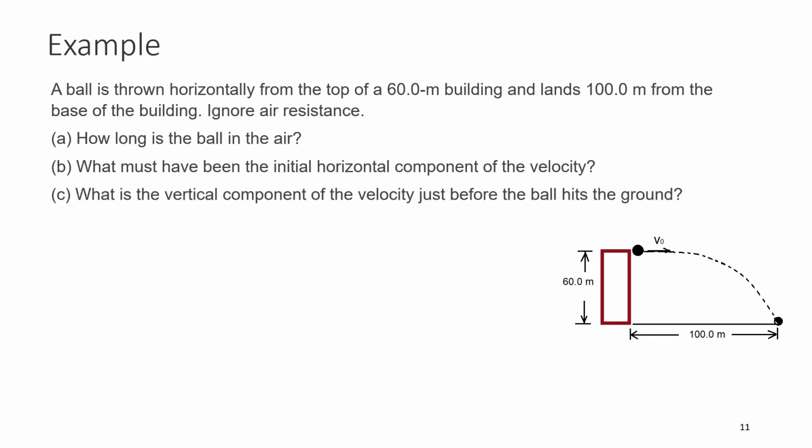For question C, the vertical component of the velocity just before the ball hits the ground can be calculated as Vy equals minus gt, which is minus 34.3 meters per second.